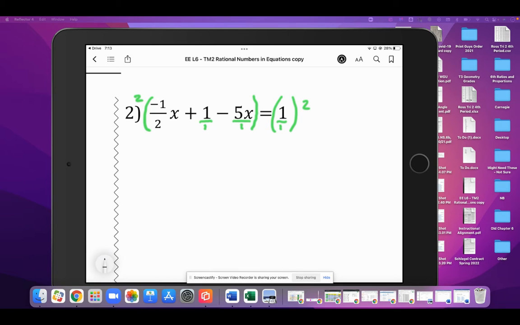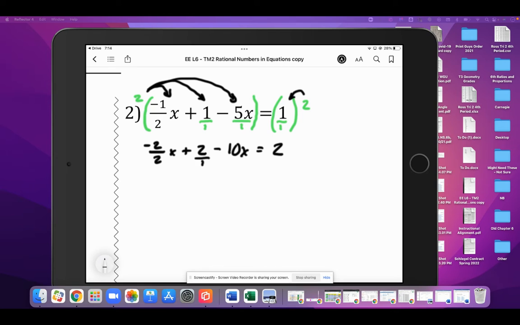And so what we get on the left is -2 over 2 x plus 2 times 1 is 2. And we have another term over there. And then -2 times 5 is -10x. And then on the right, 2 times 1 is 2.